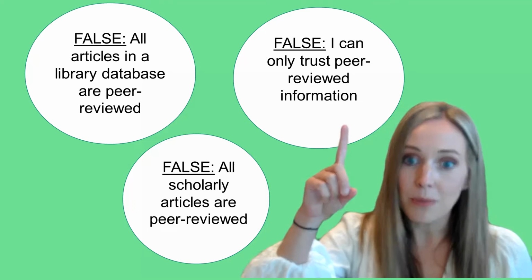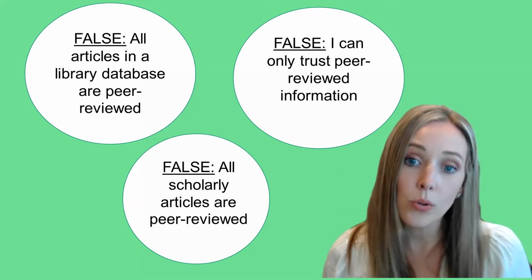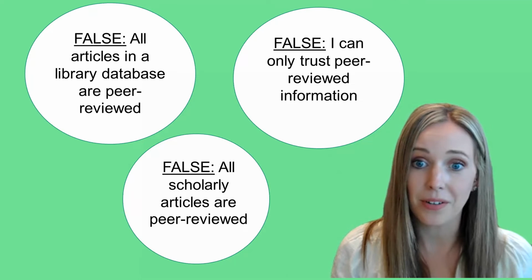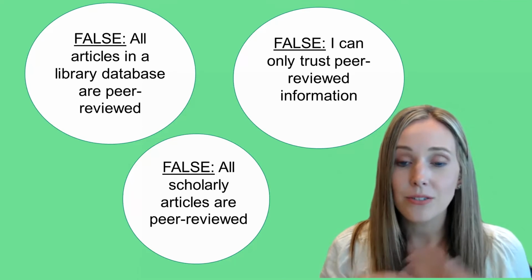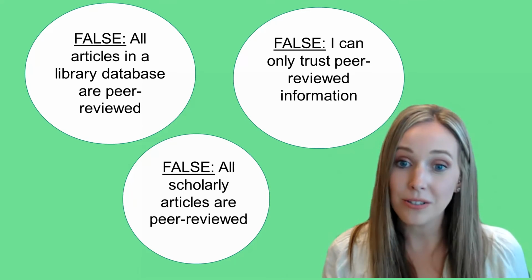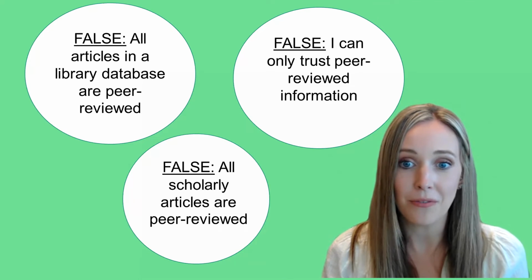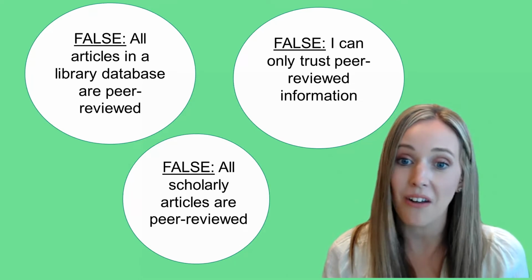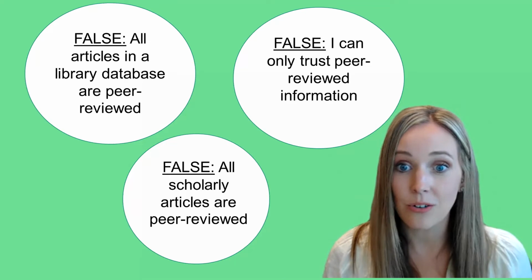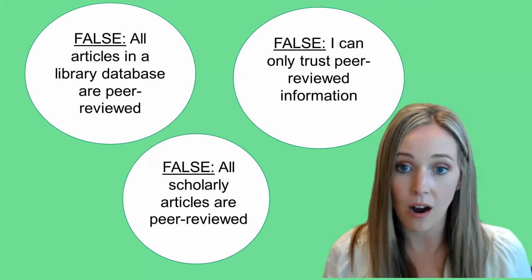The third one, and probably most important one, is that oftentimes students think that they can only trust and use peer-reviewed information. There are a lot of articles that are not peer-reviewed that are also trustworthy. And if you jumped right into reading peer-reviewed information, you might get overwhelmed. It's often very technical and written for other researchers that have doctorates.